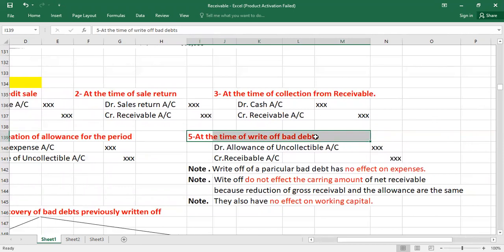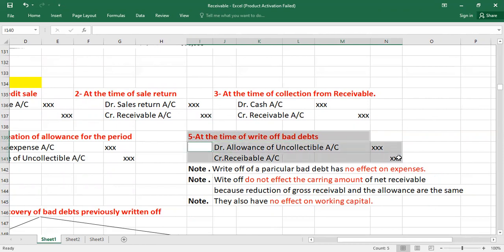At that time you need to write off the bad debts, you need to write off the receivables from the balance sheet. When you want to write off the bad debts, what entry you will pass? Guys, you will pass debit allowance for uncollectible accounts, because you have already created the allowance. Now you just need to debit it, and credit will go to the receivable account.